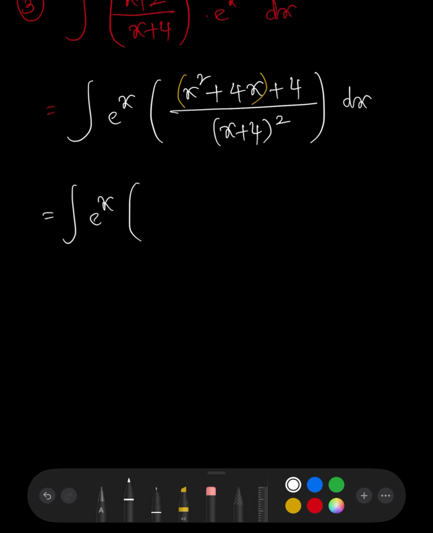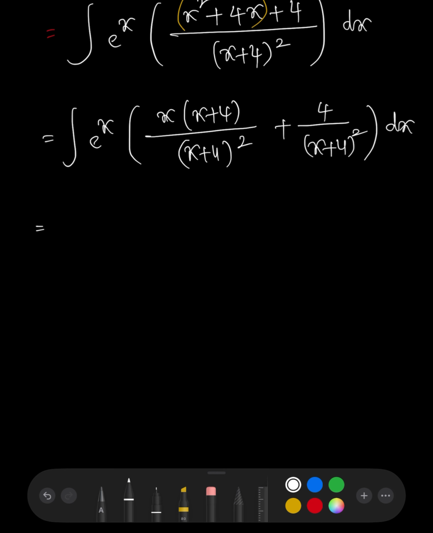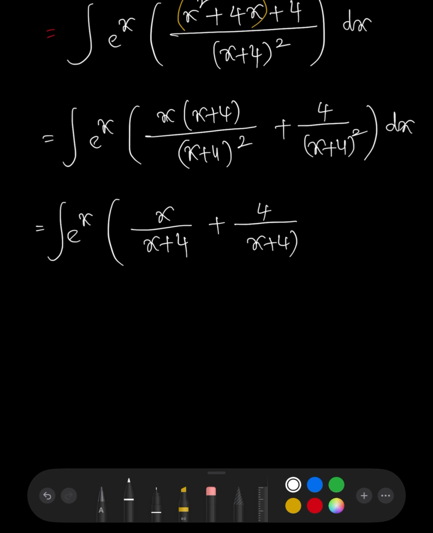Now if you observe that carefully, from the first two terms, if I take x common, that is x plus 4 divided by x plus 4 whole square plus 4 by x plus 4 whole square whole dx. Then that is equal to integration of e power x into, if you split the numerator, that is x by x plus 4 plus 4 by x plus 4 whole square whole dx.